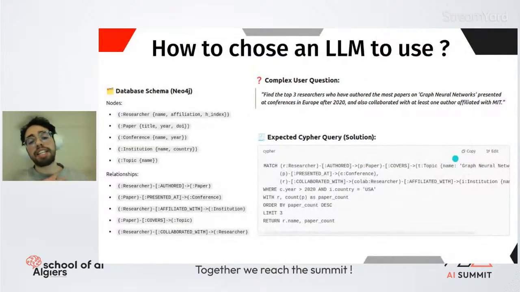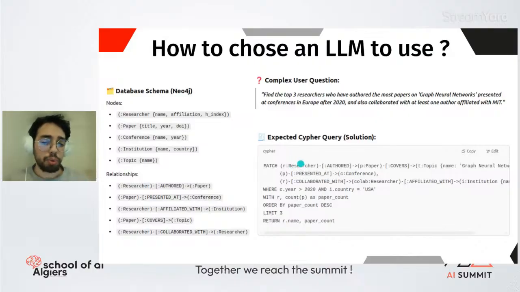So, okay, imagine we are indeed in a use case where we need an LLM. For example, you have a database schema that you want to ask questions about. You have a graph database in Neo4j. You want to answer questions about this database, such as this question. So you need to formulate a Cypher query.